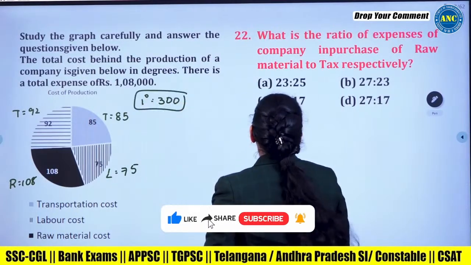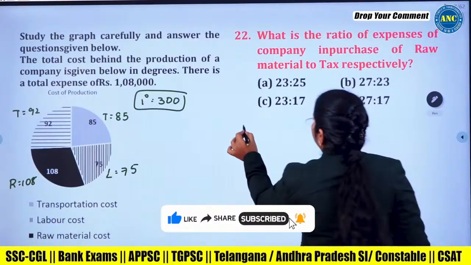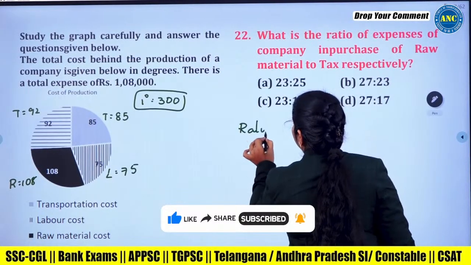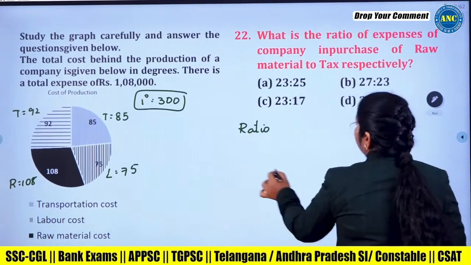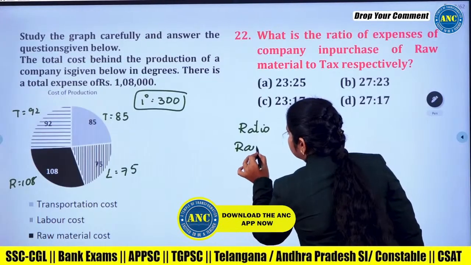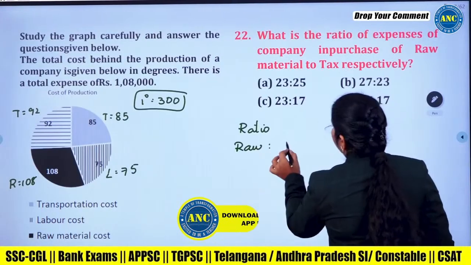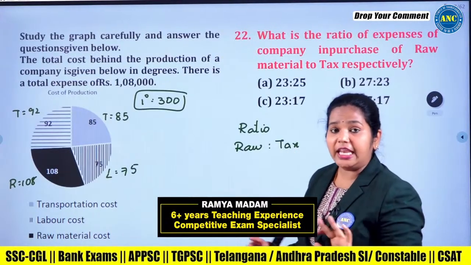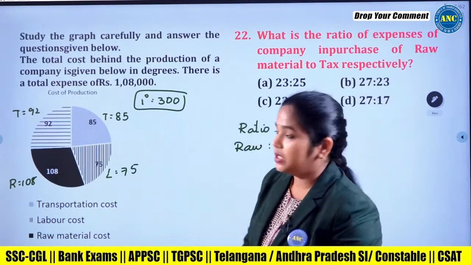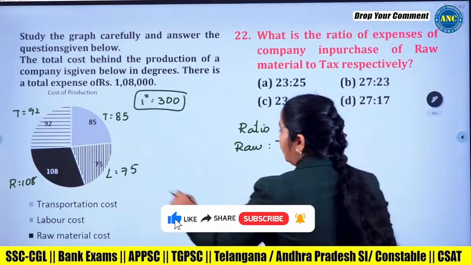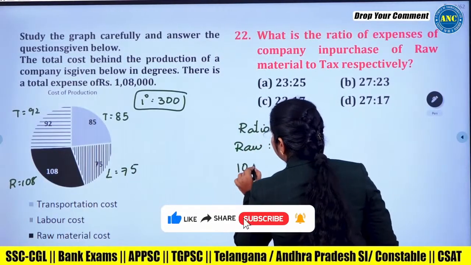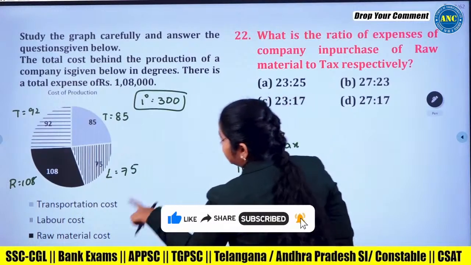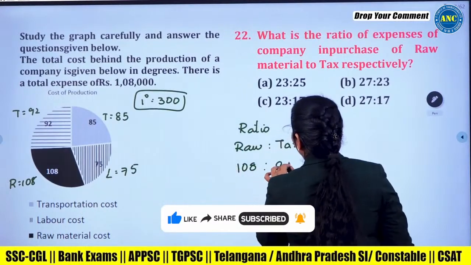Now they're asking for the ratio. Ratio of expenses of raw materials to tax. Again here we need not calculate the whole value, just take the degrees. Raw material 108 is to tax is 92.